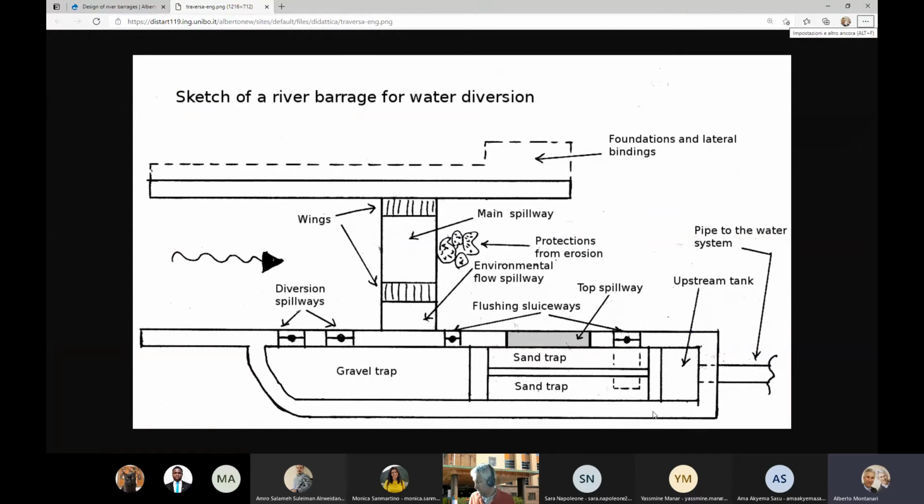Okay, very good. For the discussion of what is depicted in this sketch, we are done, and these are the main elements that we have to design.